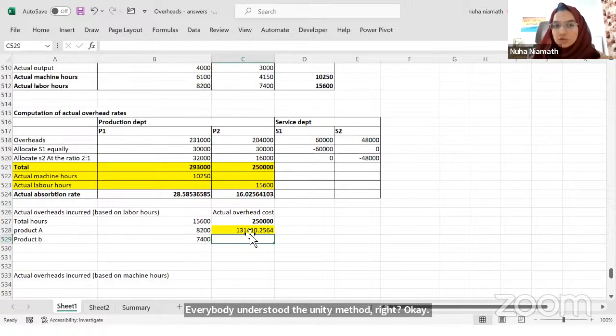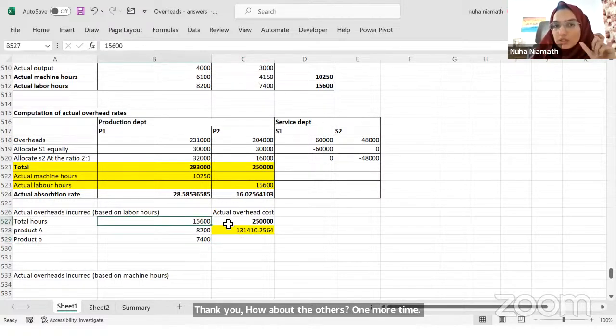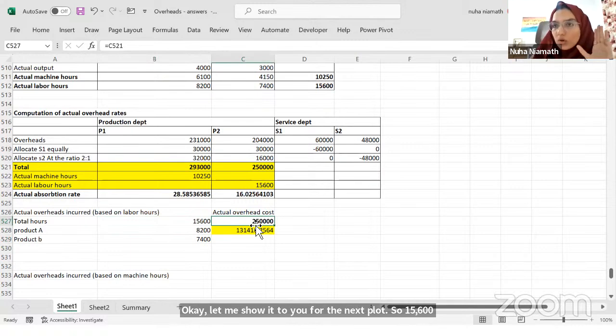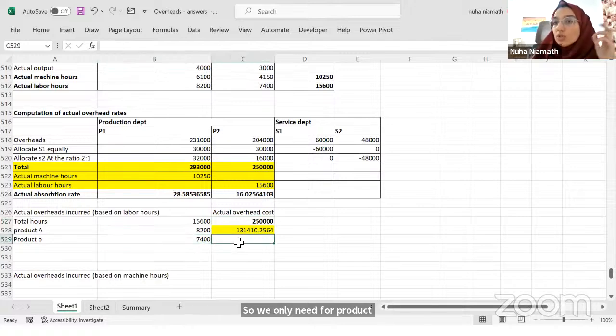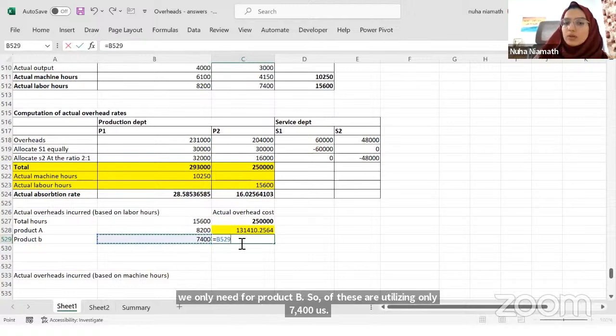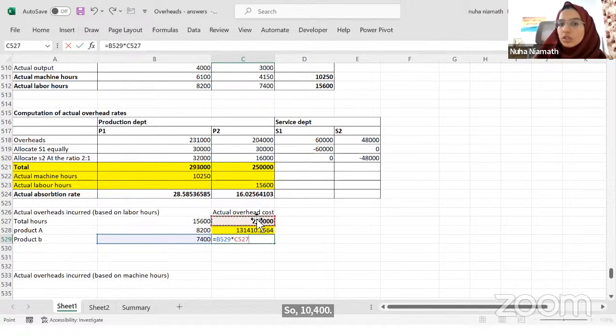One more time. Let me show it to you for the next product. So 15,600 is the total hours and 2,50,000 is the total cost. We only need product B, which is utilizing only 7,400 hours. So we do a unitary method: 7,400 into the cost divided by the total hours.